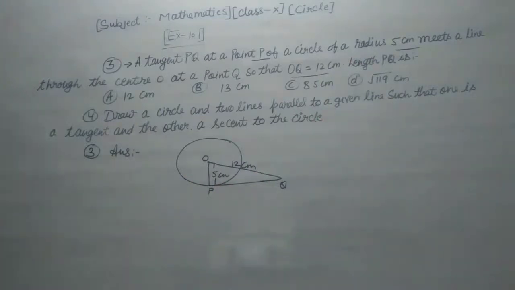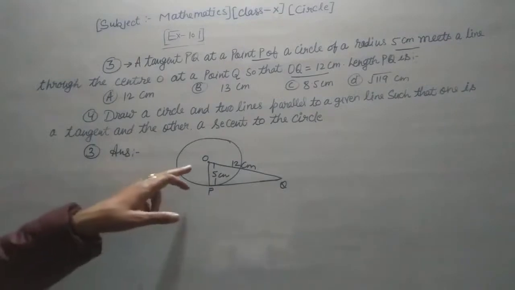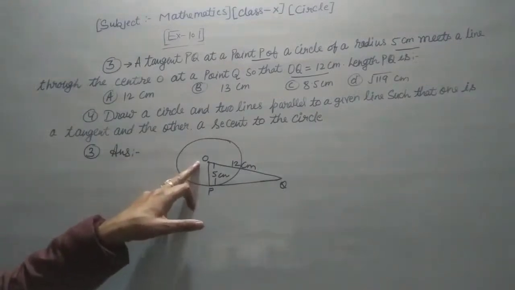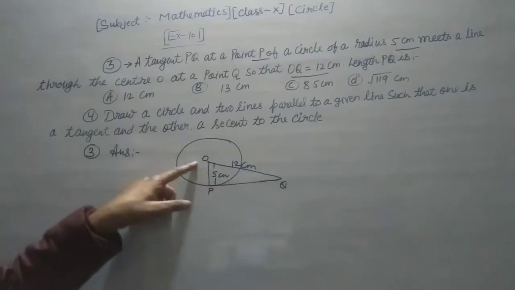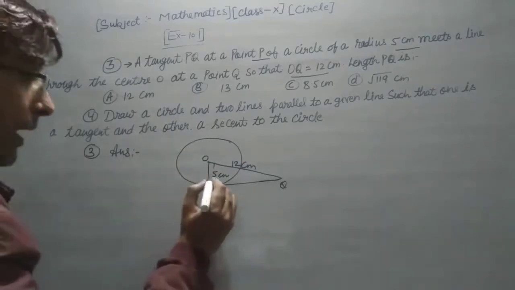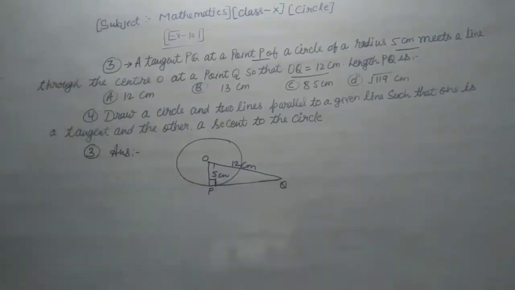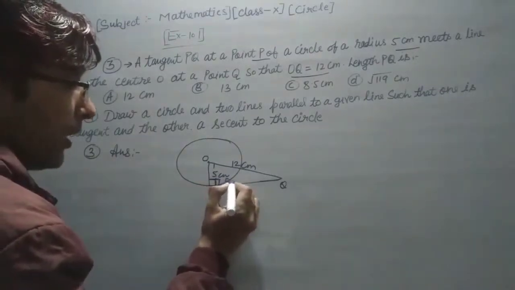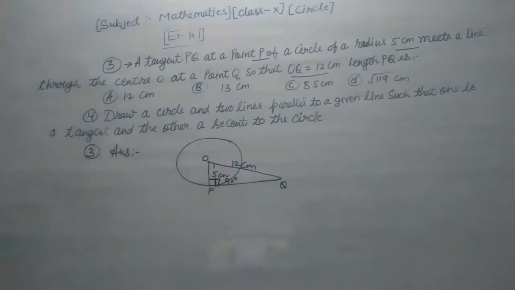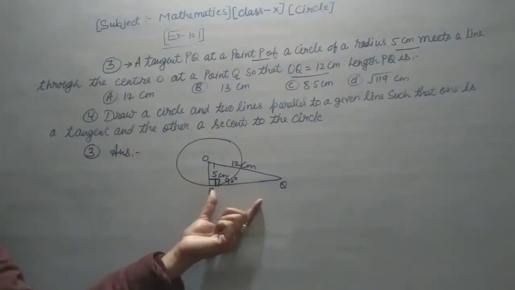In this video we explain that if you draw a line from O to the tangent, that line makes a 90 degree angle with the tangent. So this is 90, and now this triangle is converted into a right angle triangle.